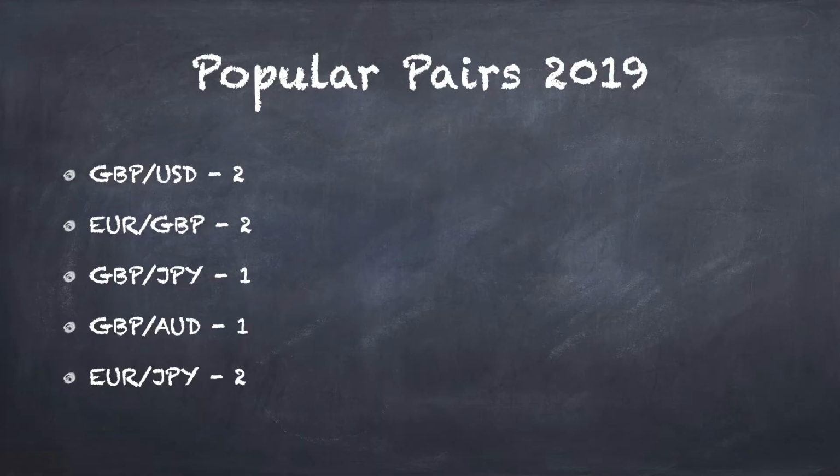And so what it really broke down to is that most pairs average about twice a year. And why do I mention this? I mention this because I want you guys to understand that this type of higher time frame trading is not for everybody.